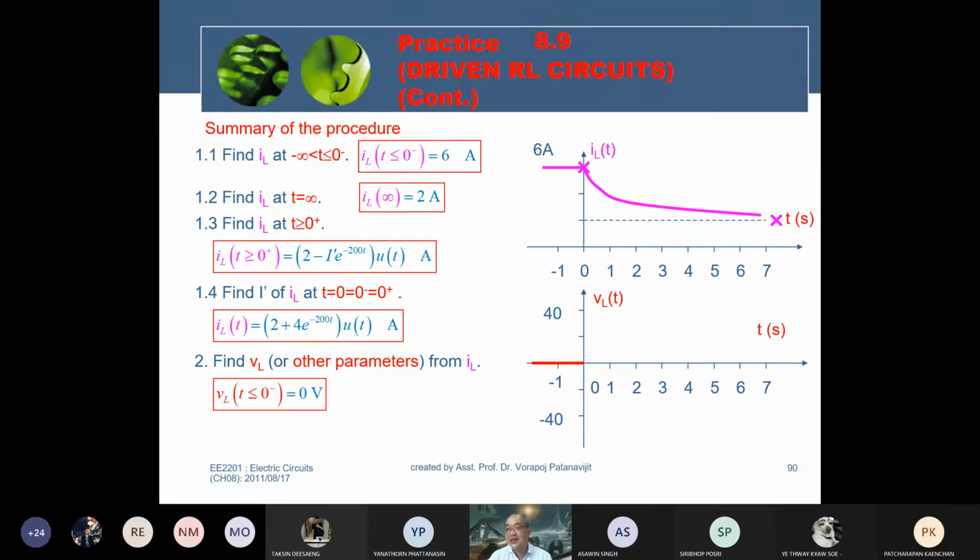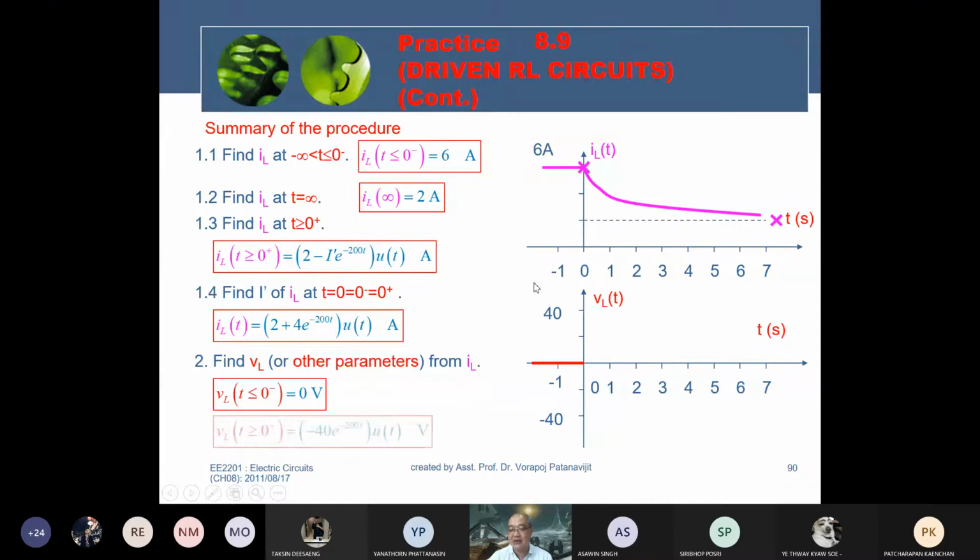Because the inductor is already fully charged by the current source for a long time. If the inductor is fully charged, it performs like a short circuit. If it is a short circuit, it has no voltage across it. The inductor voltage is equal to 0. Whether you analyze from the differentiation formula or by its theoretical characteristics, the result is the same.